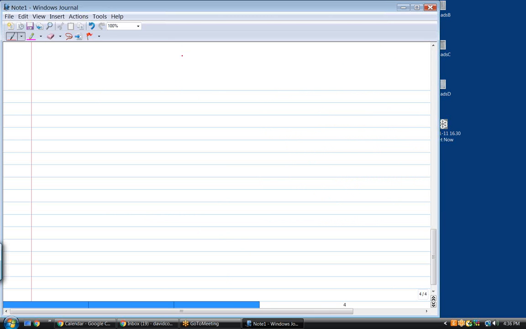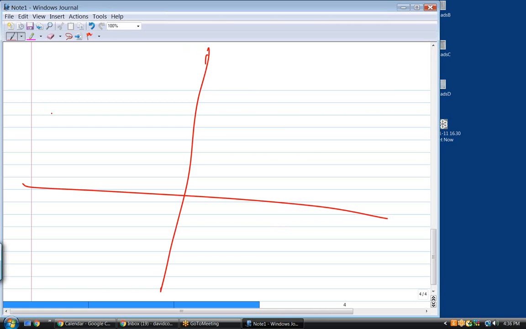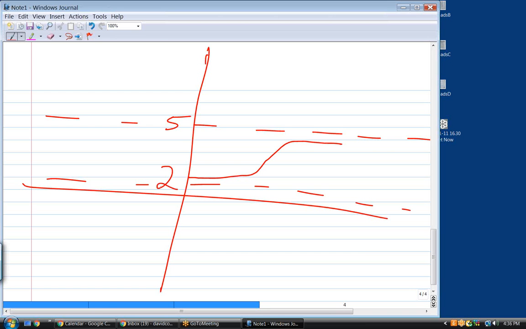If you have horizontal asymptotes, let's say I have an asymptote right there, and I have another one right there, and I have a logistic function that looks something like that. What happens to f of x as x goes to positive infinity?